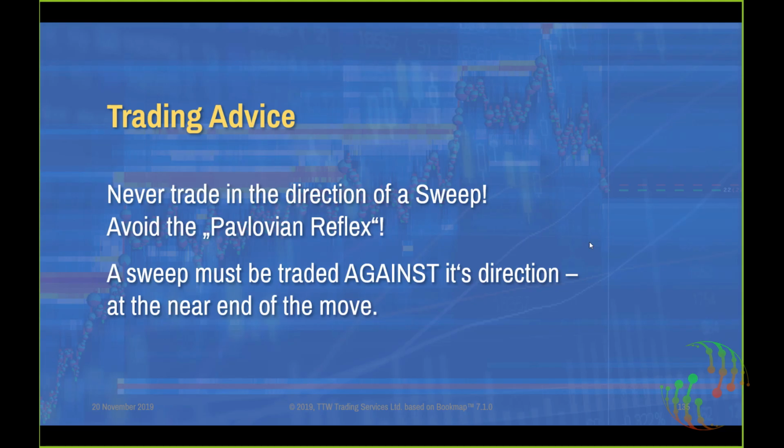And we hope then that this move goes further on, that there are enough people behind us who are supporting the move, so that we are in profit. If we are trading with this reflex, we are conditioned to do something: to see a candle jumping up, and then we simply join this move. It happened to me very often in the past, especially in the first trading years, because I didn't know what is happening.